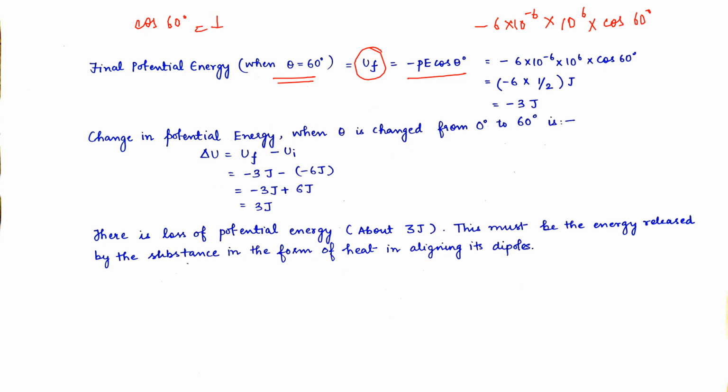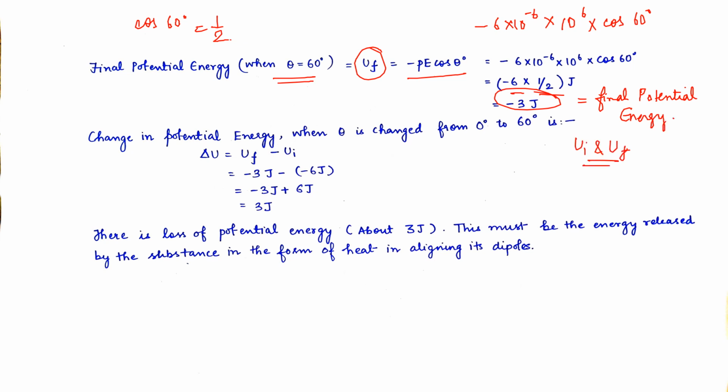From trigonometry we know it is 1 by 2. So minus 6 into 1 by 2, the answer is minus 3 joules. That is the final potential energy.